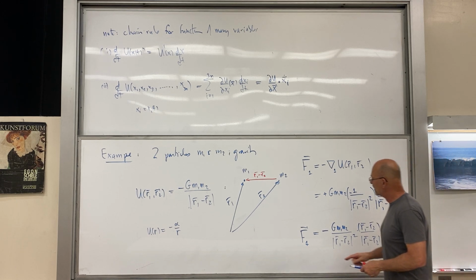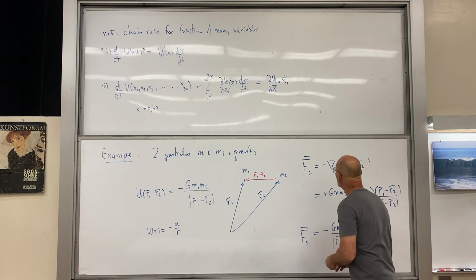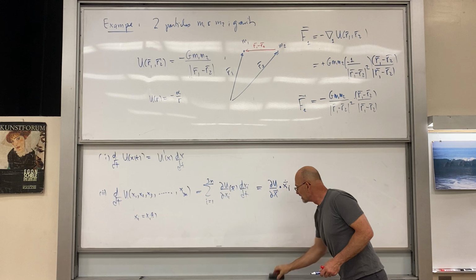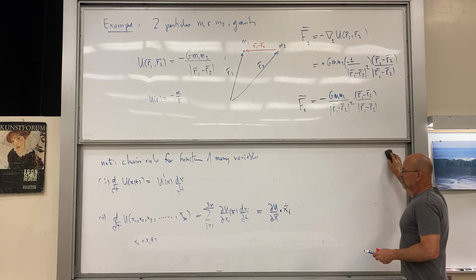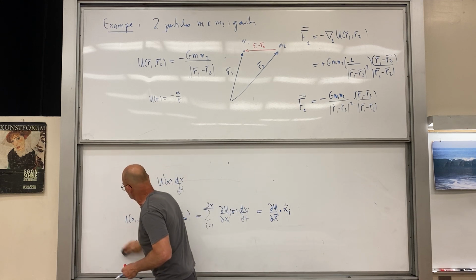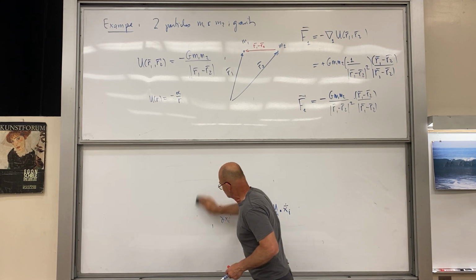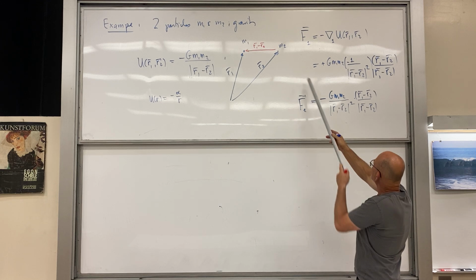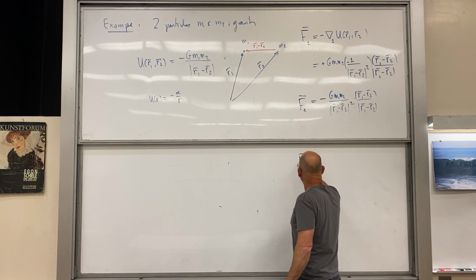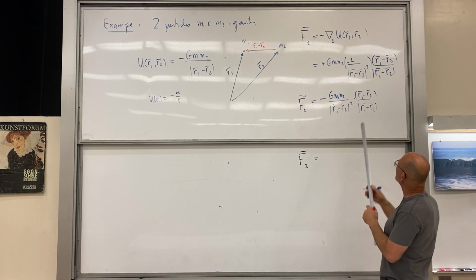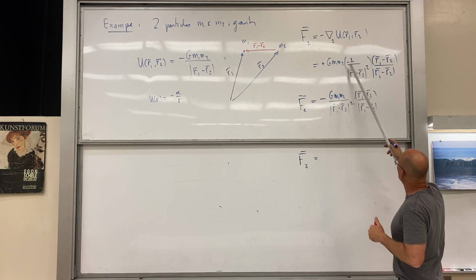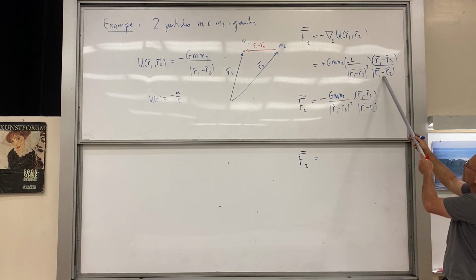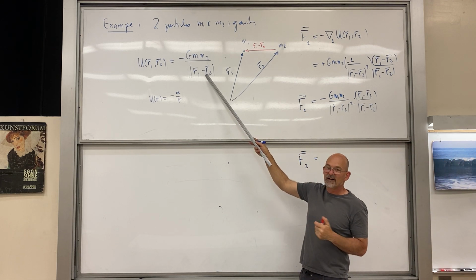So what about F sub 2? Okay, what about the force on the second particle? Everything is going to be the same in our calculation, except when it comes time to do the inner derivative here, since it's going to be with respect to R sub 2, we're going to pull out another minus sign.